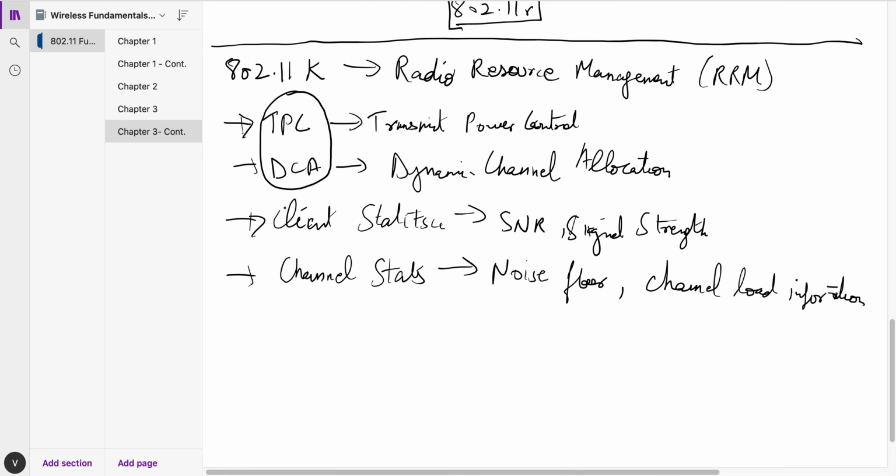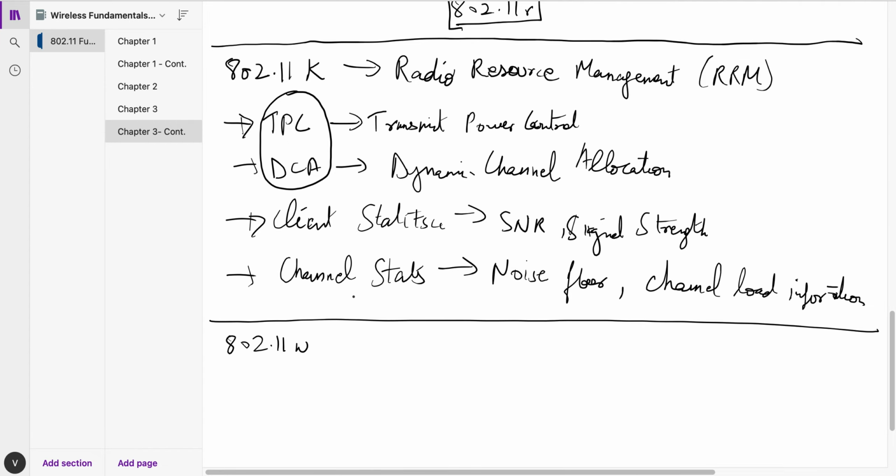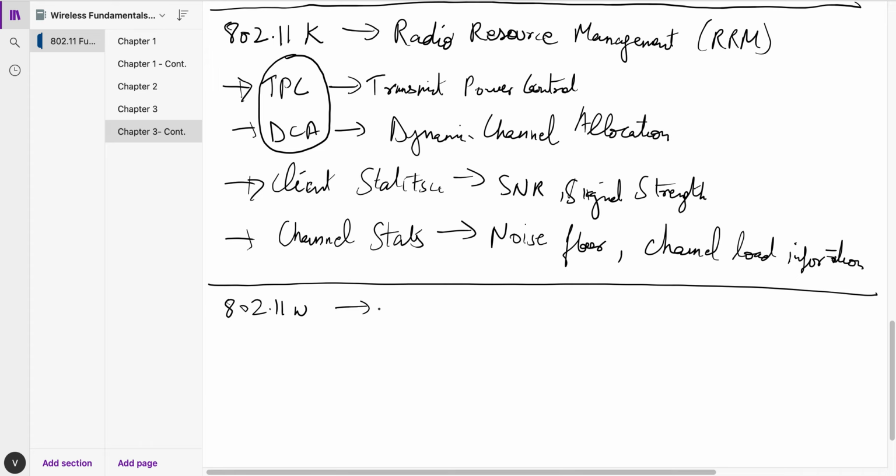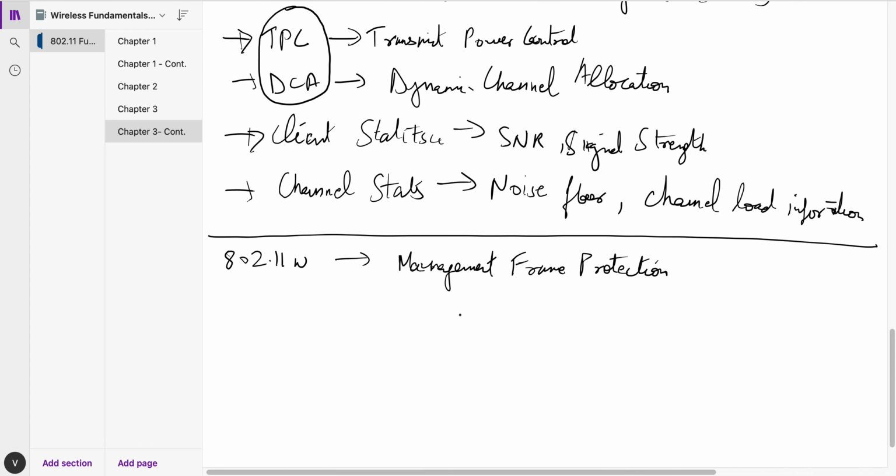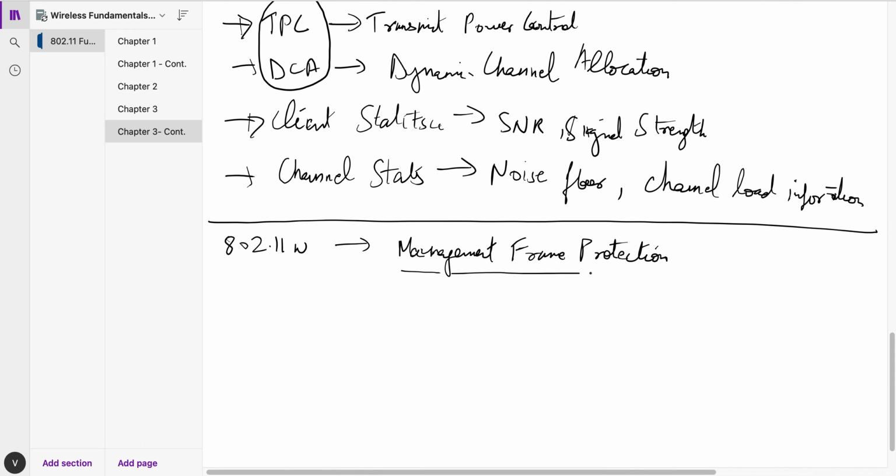Now the next standard that I want to discuss is 802.11w. That is also called management frame protection. So in the Wi-Fi world, it is a very common attack.